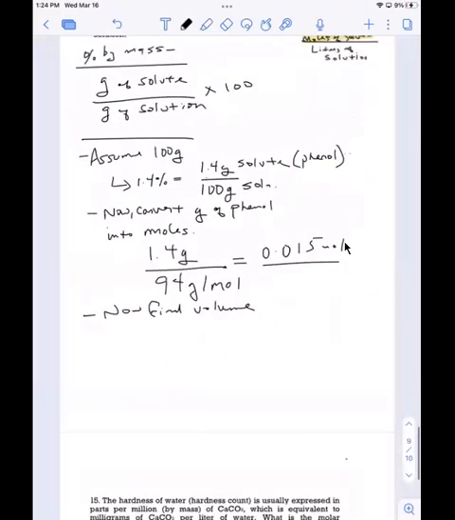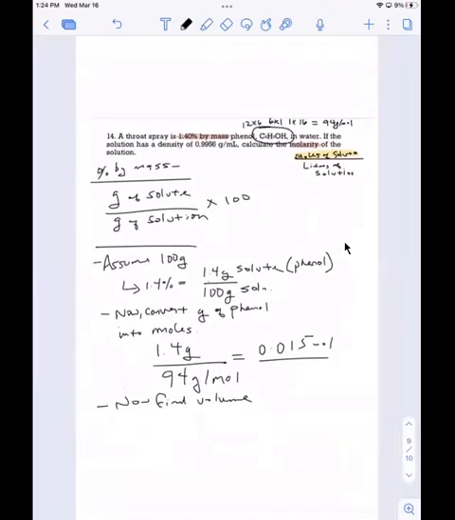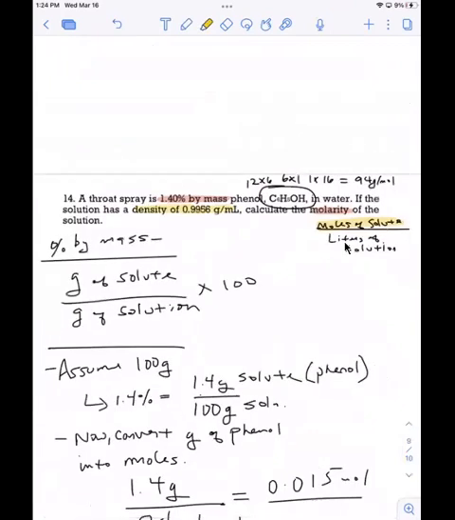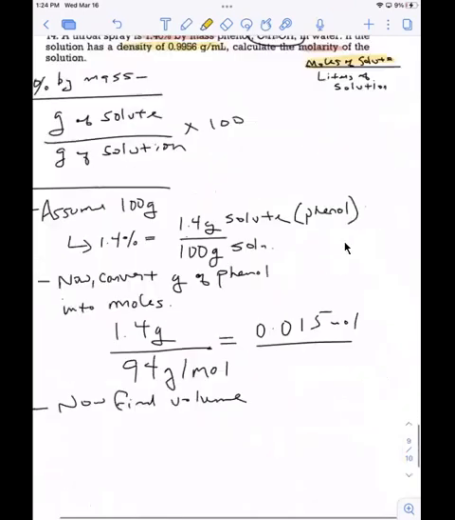The way that we're going to find the volume is by taking the density, which they gave us, and the mass of the solution. Because density is grams over milliliters. And if we take the mass of the solution, we can solve for milliliters.